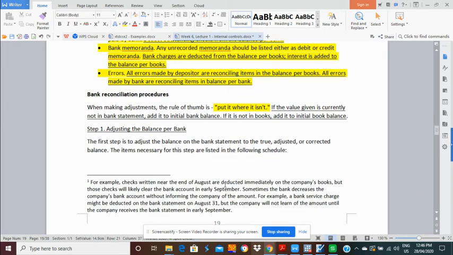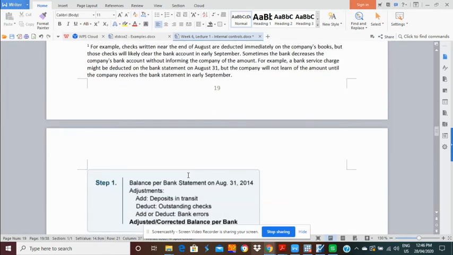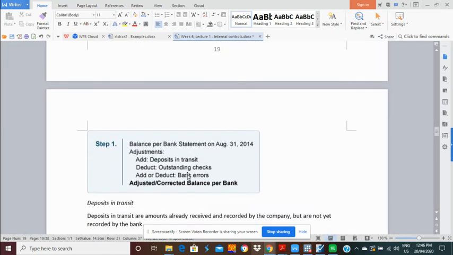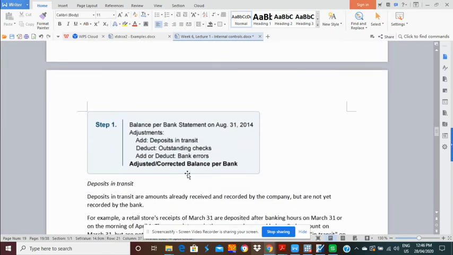So the first step is the balance on the bank statement. So what will be included here? You will add the deposit in transit, which the bank has not recorded yet. Therefore, add it to the opening balance per bank statement.